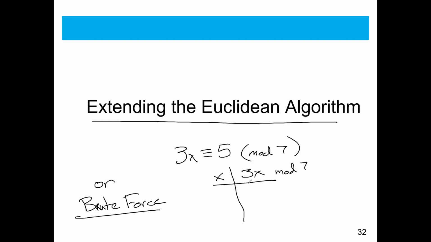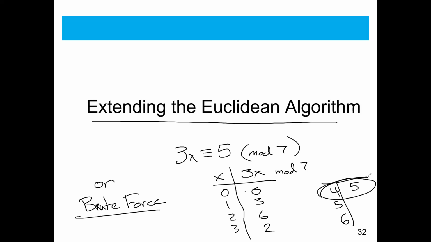So all the x's possible are 0, 1, 2, 3, 4, 5, and 6. So I have only 7 values to run through. 0 times 3 is 0. That's not it. 3, no. 6, no. 3 times 3 is 9, which is 2 mod 7. 3 times 4 is 12, which is 5 mod 7.